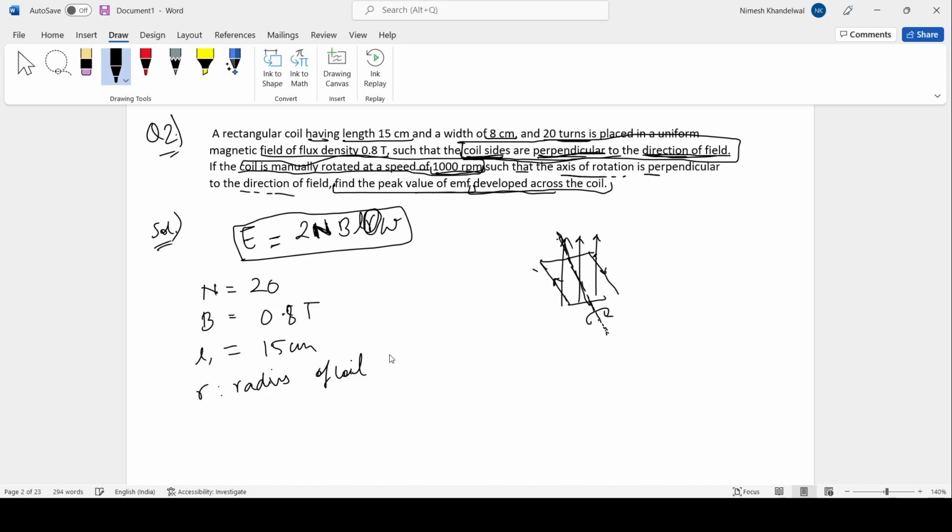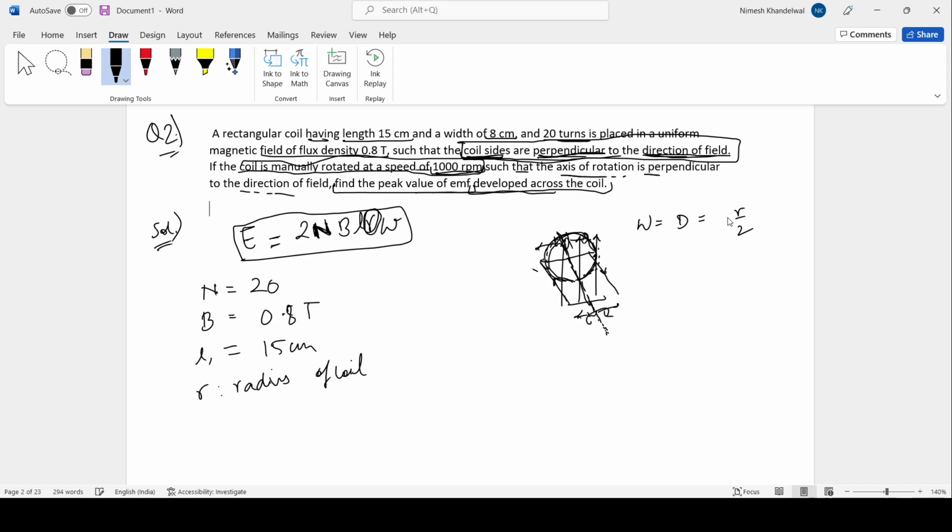But what is exactly the radius of coil? If I assume that my coil traces out a circle, then what is the radius of this circle? Basically this complete width of my coil becomes the diameter of the circle.